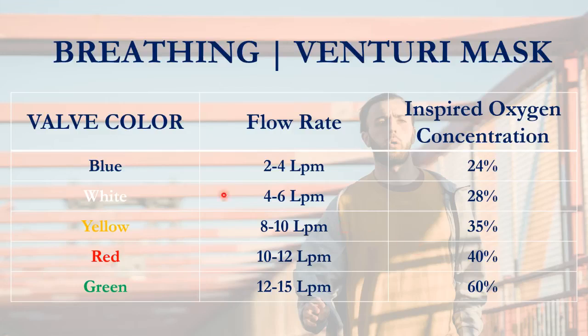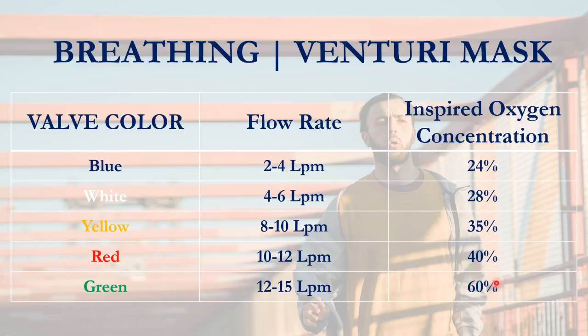The blue has the lowest flow rate and the lowest inspired oxygen concentration. And then the green one uses the highest flow rate and gives the highest oxygen concentration, which is 60% oxygen.